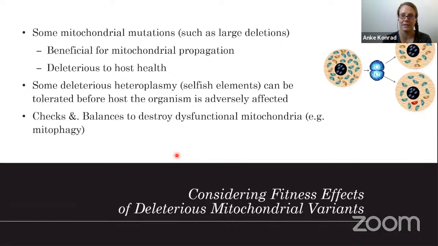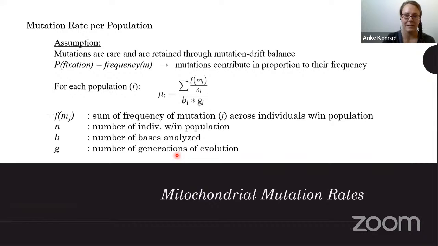And to some extent, the propagation of these might be tolerated by the host before they adversely affect the health of the host. So even though the variant is deleterious, it may not be purged effectively from the population. But let's take a look at this.